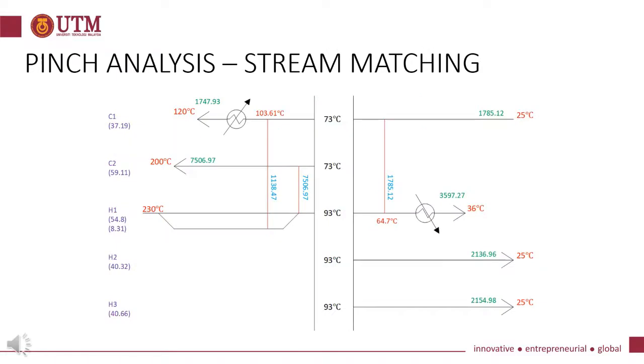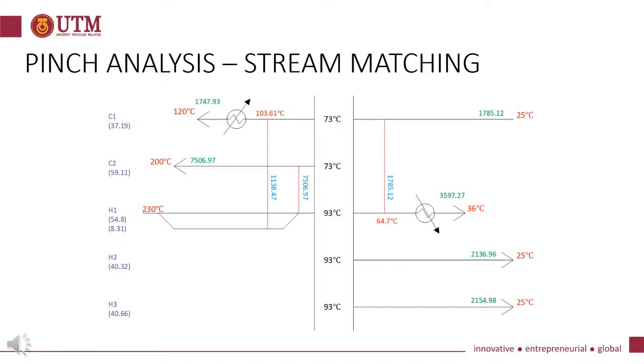So now, let's look at stream matching. In this figure, you can see streams are labeled in purple color, and below them are the values of CP of the respective streams, while in green are the values of energy in a particular stream. So let's look at the right side first.